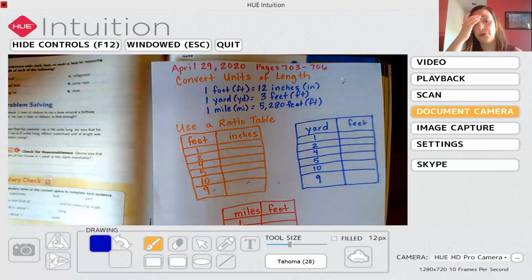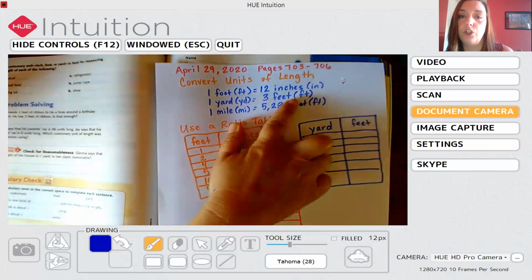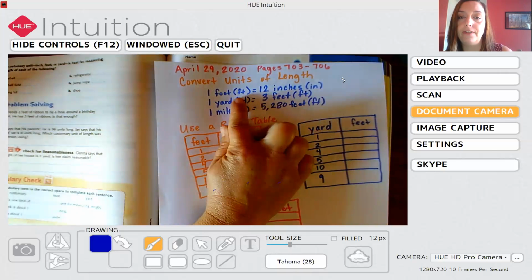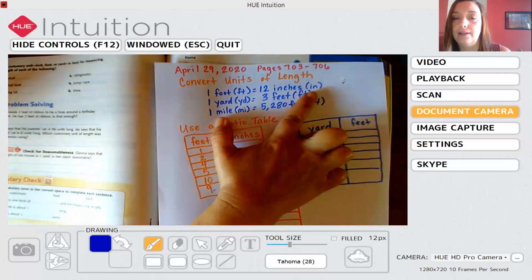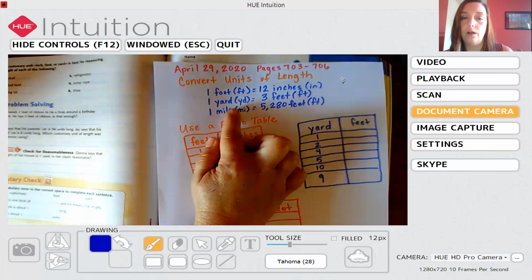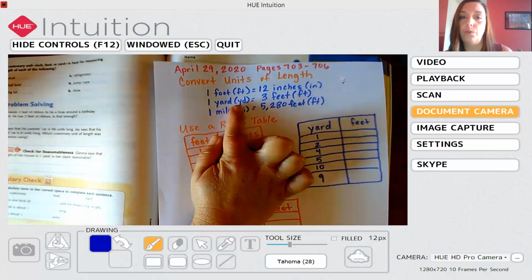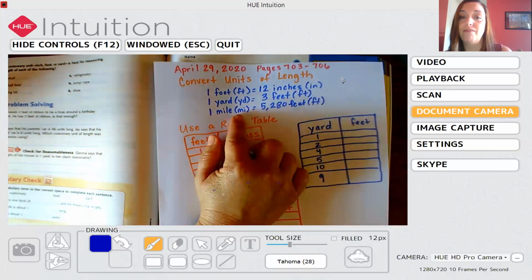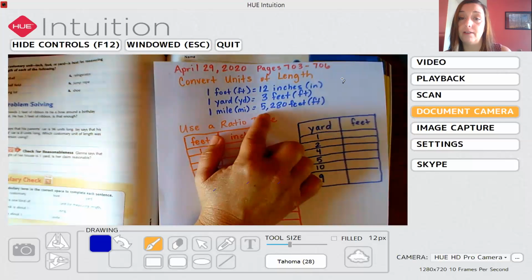So today I want to teach you that one strategy that can help you to convert units of length is to use a ratio table. So first we have to know the basic conversion. So the basic conversions are 1 foot is equal to 12 inches. And we can abbreviate foot or feet with FT and inches with IN, okay? 1 yard, the abbreviation is YD, equals 3 feet. 1 mile equals 5,280 feet.